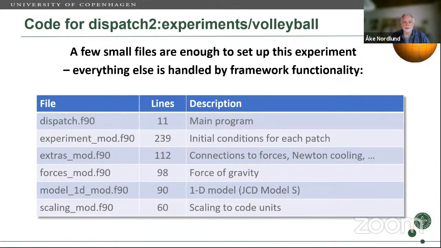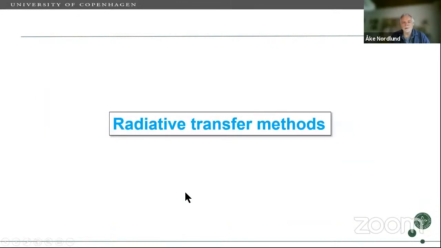So here it calls, for example, the forces, it calls the cooling, etc. It needs a force of gravity, which didn't exist before, so that's 100 lines. And it needs a 1D model to interpolate, that didn't exist either. So altogether, this is a small number of extra codes that are needed for this particular experiment.